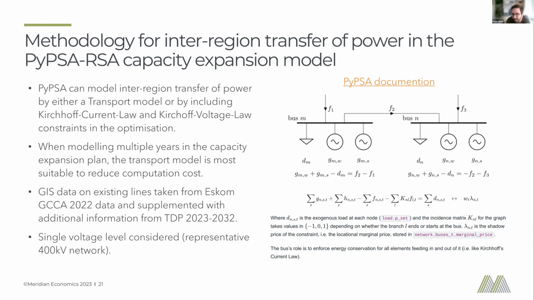But really, it's all about matching supply and demand at a bus: energy into the bus, energy generated, and energy to the load must all balance with energy out of the bus. So all the model is doing is making sure it's balancing all of these constraints in every hour that you are looking at. And as I said, you can include some detail around how the grid is modeled.